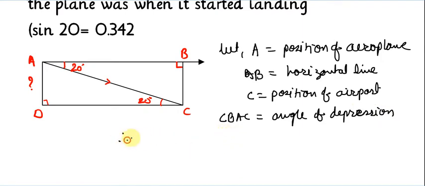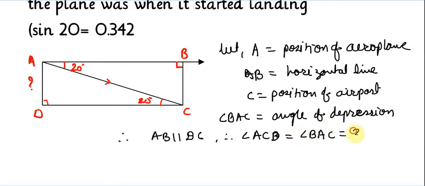So AB is parallel to the horizontal line, parallel to the ground. Therefore we can say that angle ACD is equal to angle BAC equal to 20 degrees, alternate angles.